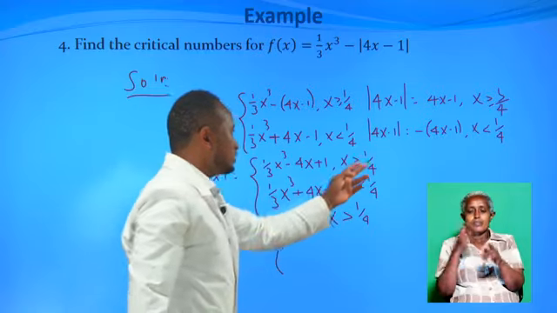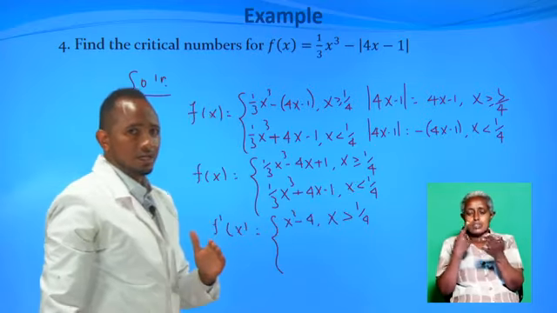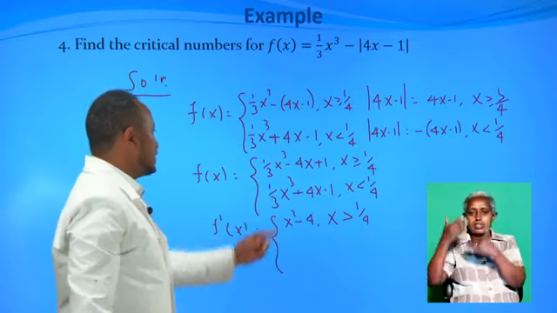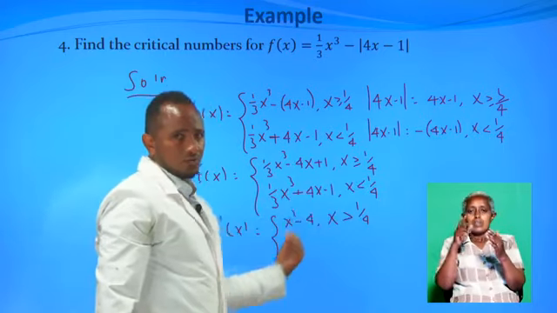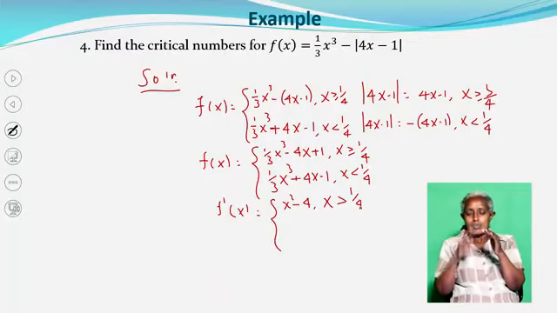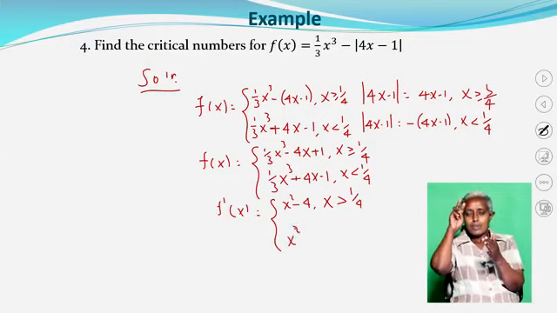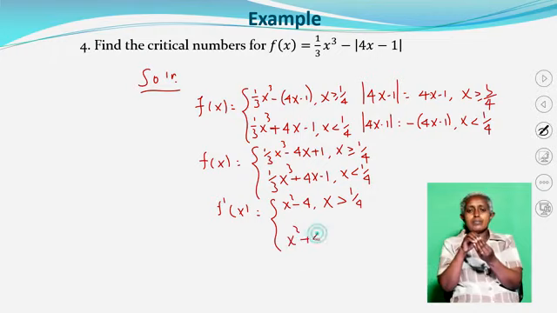We are not sure about 1 over 4; we have to check the right side and the left side. So let's find it for x less than 1 over 4 too. The derivative for x less than 1 over 4 will be x squared plus 4.